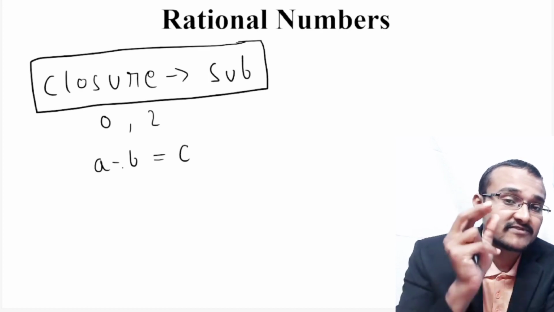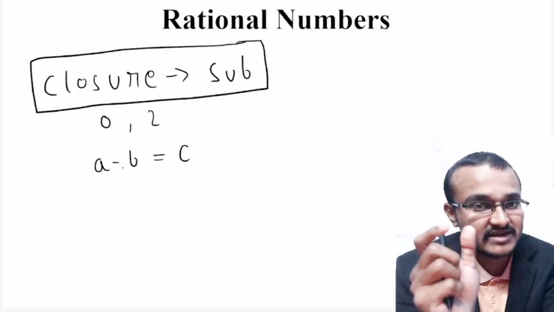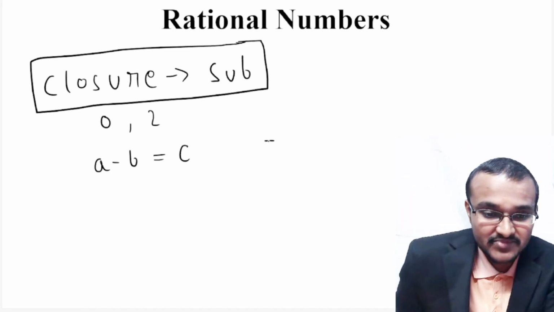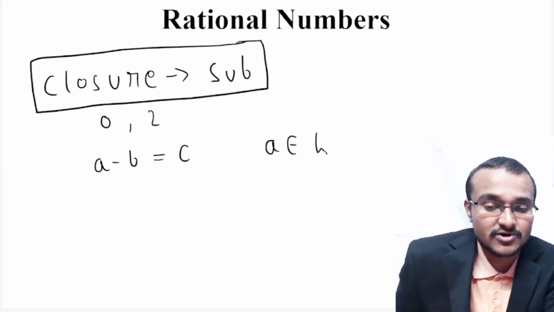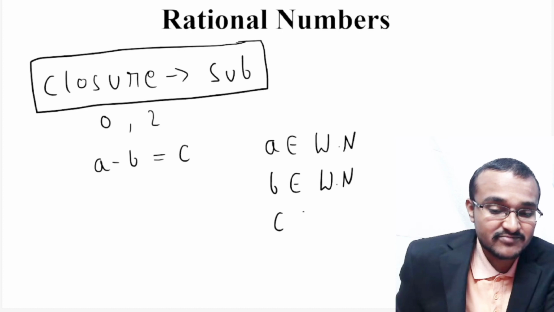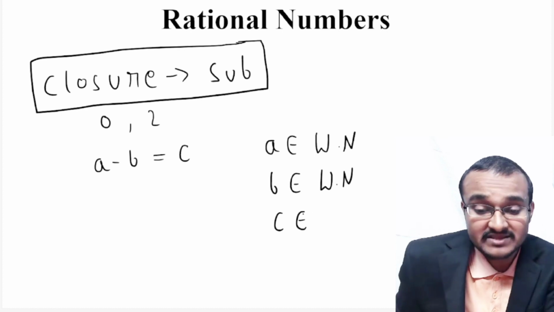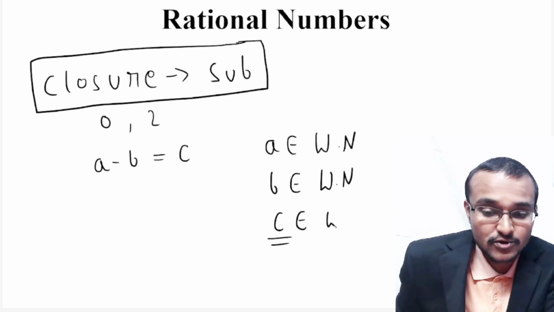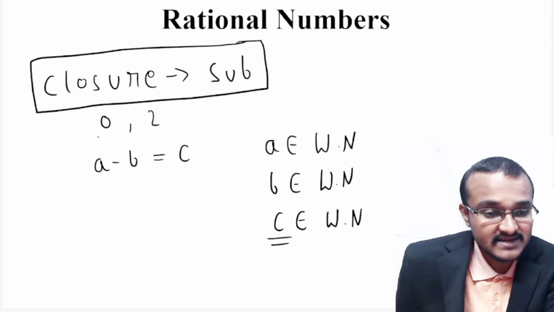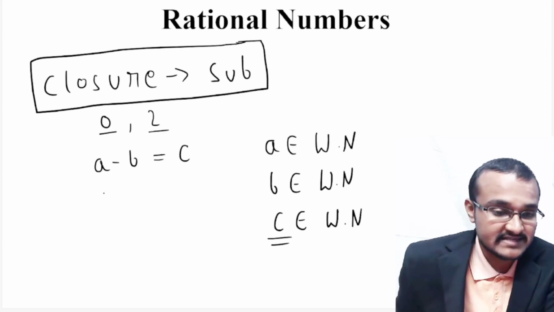Even after subtraction, the number we get should belong to the same set. For example, if a belongs to the whole number set and b also belongs to the whole number set, then after subtracting a and b, the answer should also belong to the whole numbers. So let us say we are taking 0 and 2 as our example.